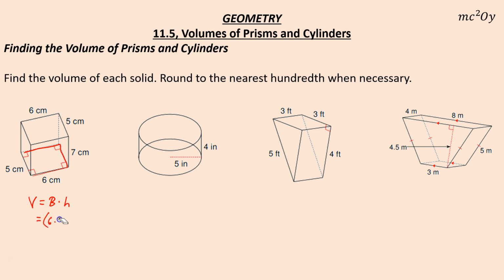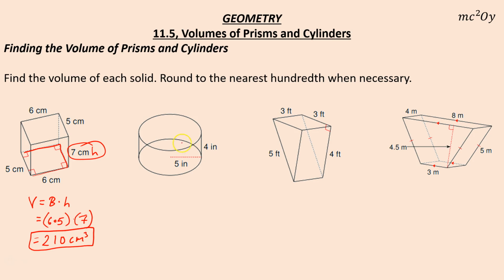Not 6 times h, but 6 times 5. And times the height. Our height equals 7 right there. So times 7. Okay, well 6 times 5 times 7, that is 210 cubic centimeters. We're measuring 3 dimensions. Centimeter times centimeter times centimeter, so we get cubic centimeters.